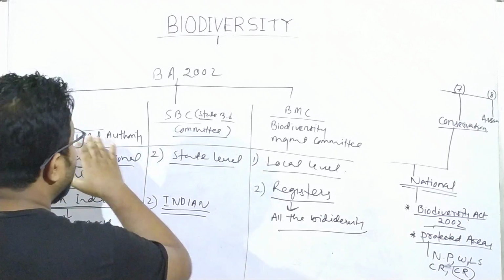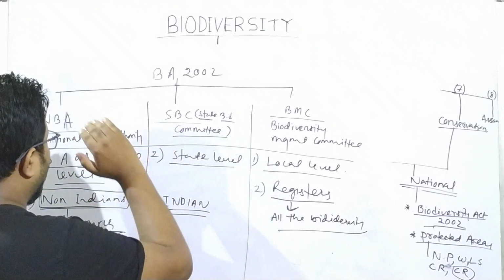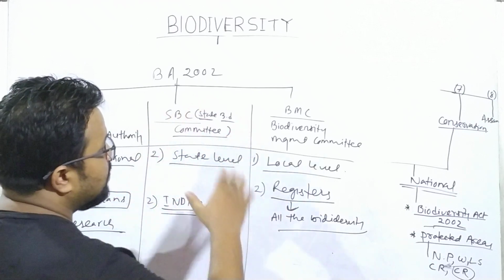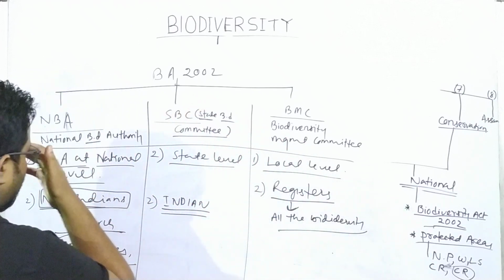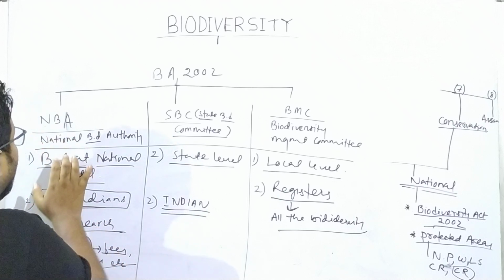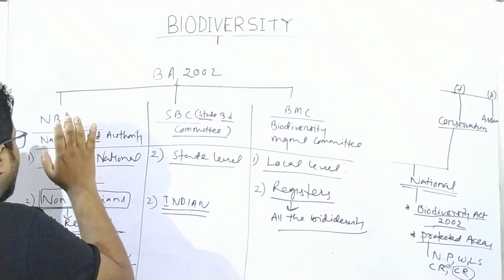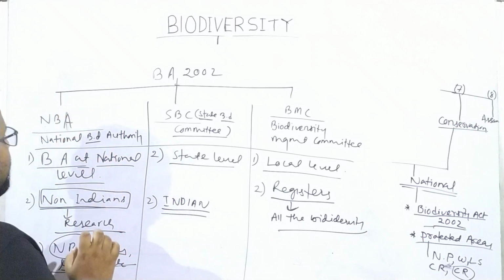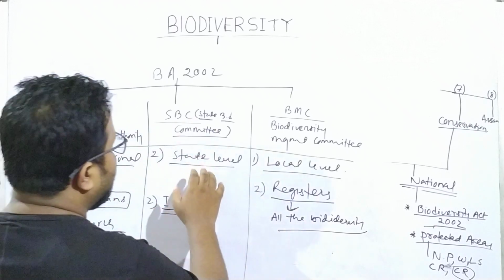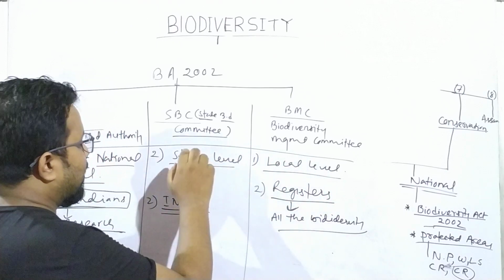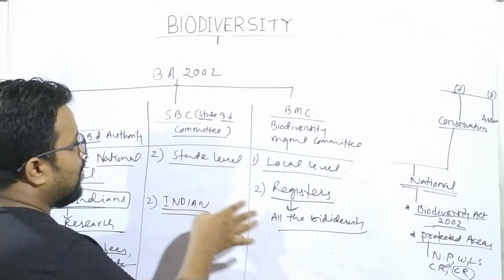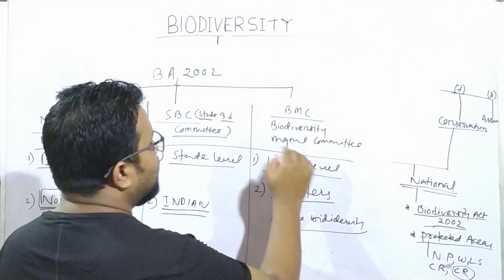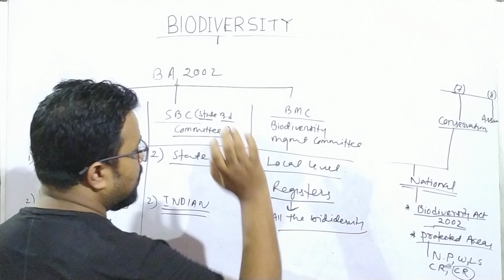Number 1 is NBA, National Biodiversity Authority. Number 2 is SBC, State Biodiversity Committee. Number 3 is BMC, Biodiversity Management Committee. The Biodiversity Act 2002 at the national level is implemented by NBA, at the state level by SBC, and at the local level by the Biodiversity Management Committee.